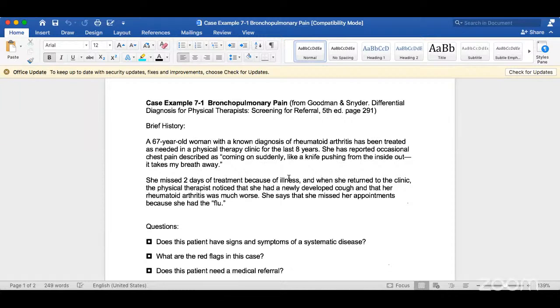Thank you very much. But let me remind you that from the case history, it says a known diagnosis of rheumatoid arthritis. And therefore, this is someone that already is receiving treatment for rheumatoid arthritis because it's known. And therefore, the referral might not be for the treatment of the rheumatoid arthritis. So it's important to take note of that.